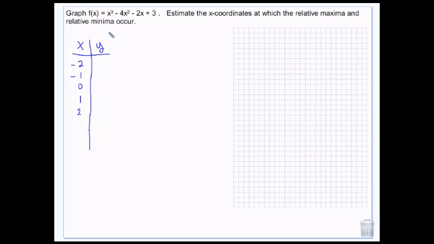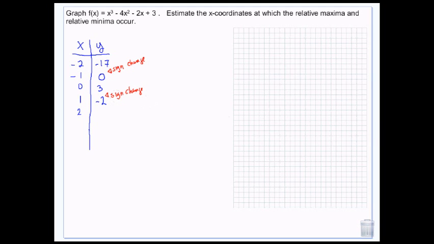Okay, so if I plug in a -2, I get -17. And if I plug in -1, I get 0. And if I plug in 0, I get 3. And if I plug in 1, I get -2. So what we have so far is a sign change, and a sign change.